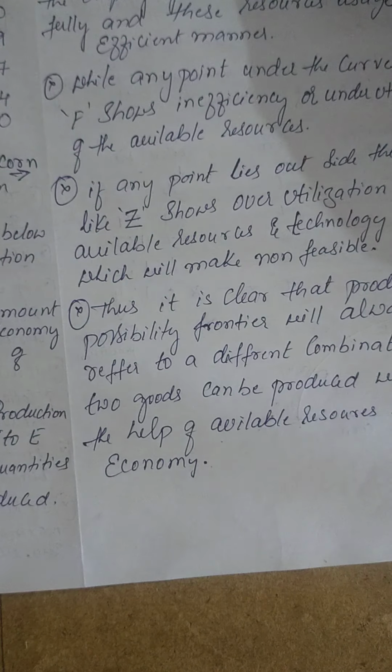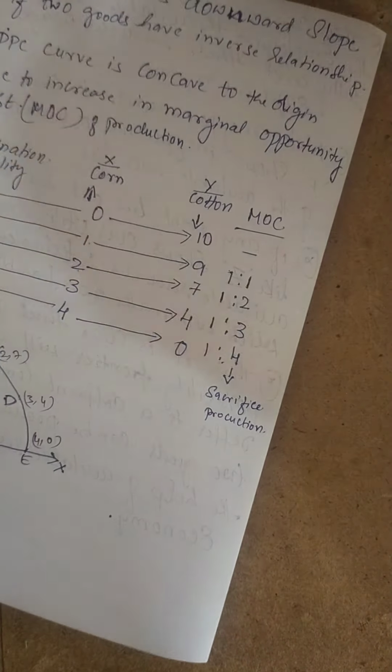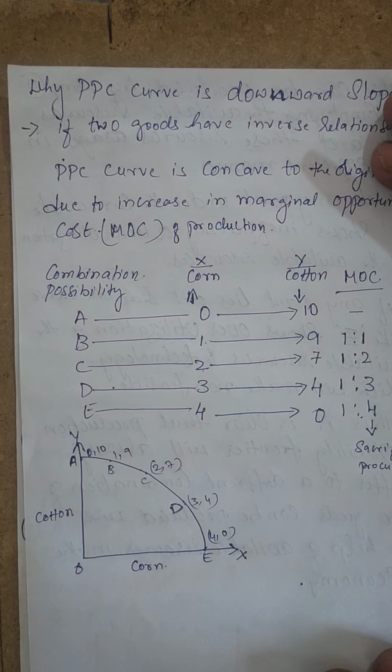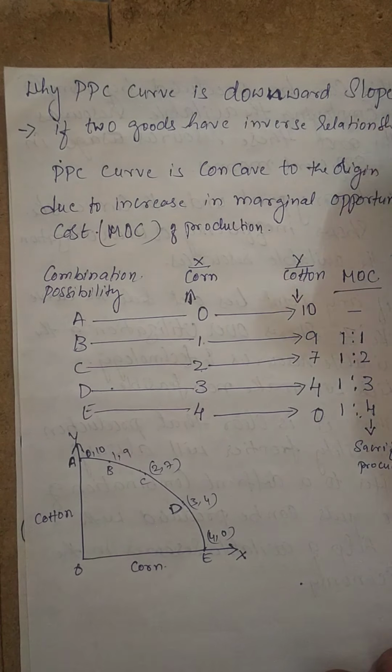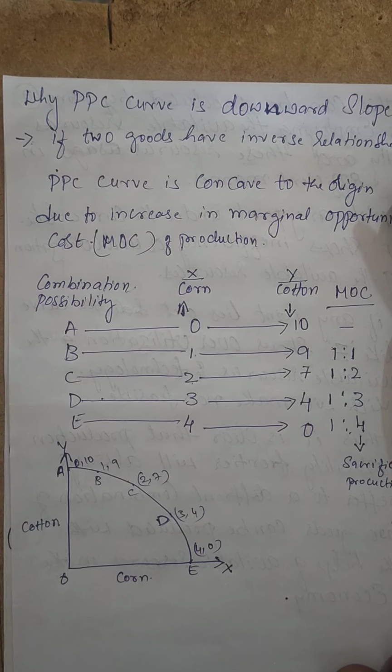So this is the topic we have discussed now, the production possibility frontier. Continuing from that, there are certain small questions which might come for 1 mark or likewise. Let us see that also.